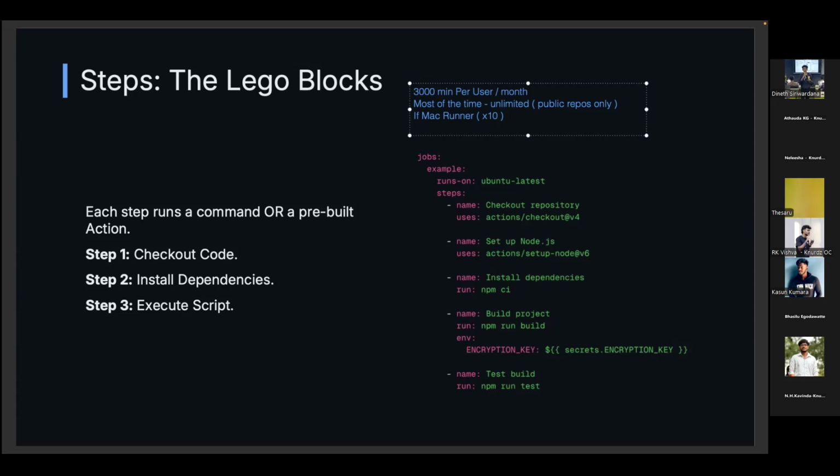Okay. So if you use 10 minutes on a Linux, it means it will spend like 10 minutes from your action quota. But if you use 10 minutes on a Mac, it means 100 minutes.